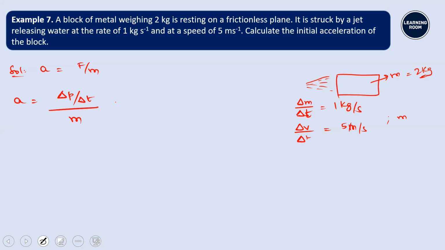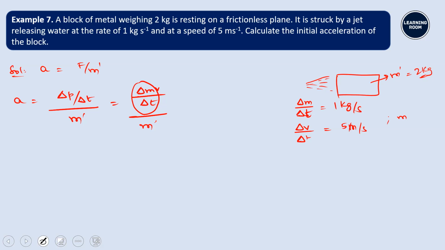Right? So what is delta V? So delta MV by delta T. So delta M divided by delta T is given to us, divided by the mass. Just to differentiate, I'll make the mass of the metal block as M dash so that you don't have any confusion.